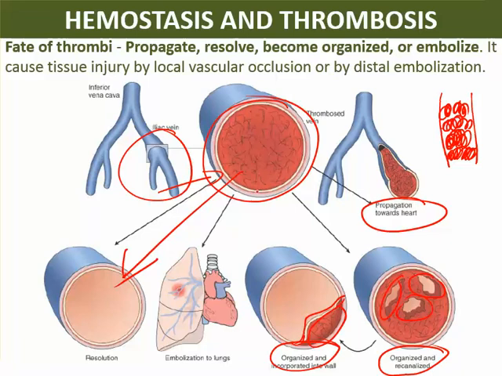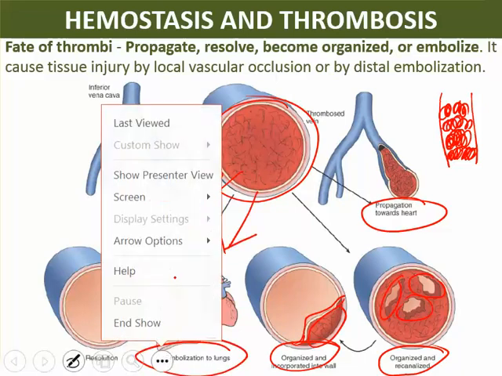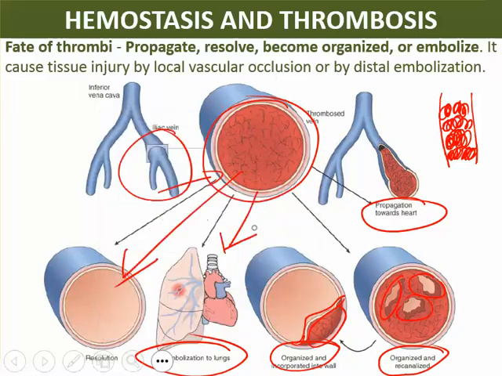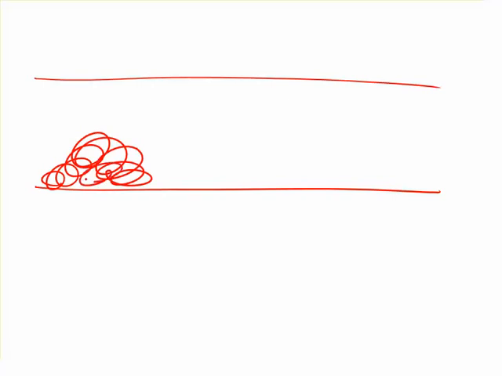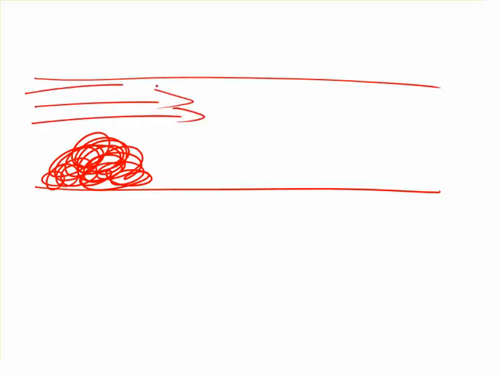And another thing which I am going to talk about in detail is called emboli. Embolization. This is nothing but, see, this is the blood vessel. Now the thrombus is formed. You know the clot is very soft. Now the blood flow will be fast here, right?